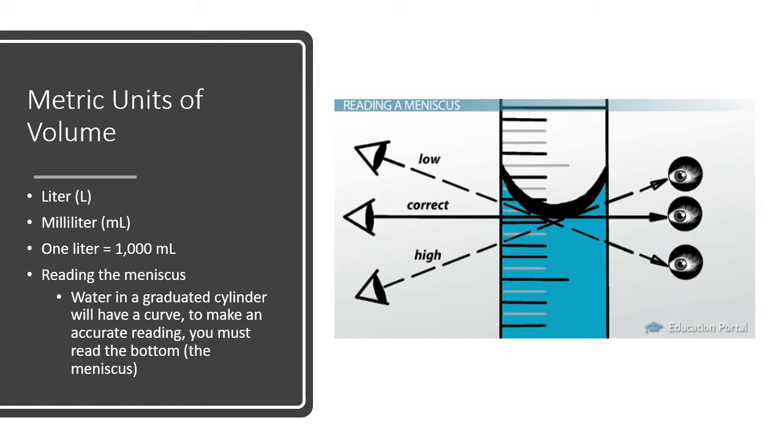So when you're measuring, you don't want to measure the side of the cylinder. You want to measure the bottom of the meniscus. So you want to make sure that you get level with that meniscus. If you're ever in the lab using a cylinder, you need to get at eye level with the fluid and read it correctly. This is very important. Otherwise, you can make mistakes.